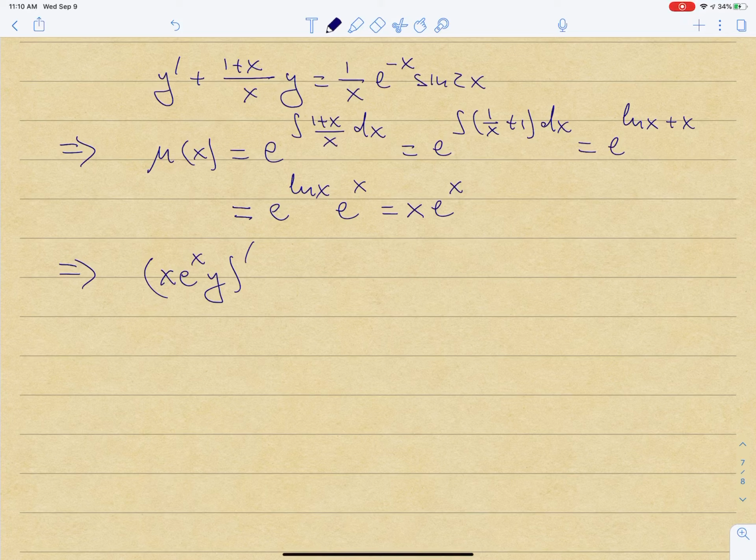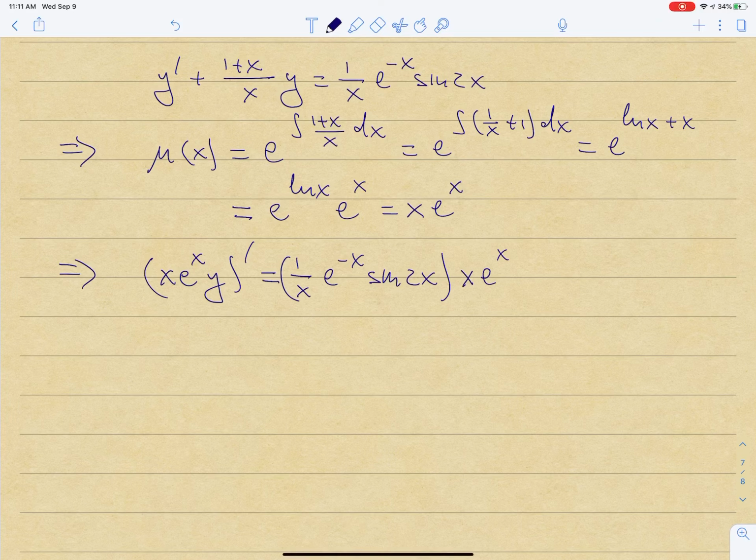That's the reason to introduce an integrating factor, because it's a function which will turn the left-hand side, once it's multiplied by the integrating factor, into the integrating factor times the function, the whole thing prime. So there's a product rule that is involved. And this should be the same thing as the existing function on the right-hand side multiplied by the integrating factor, x e to the x.